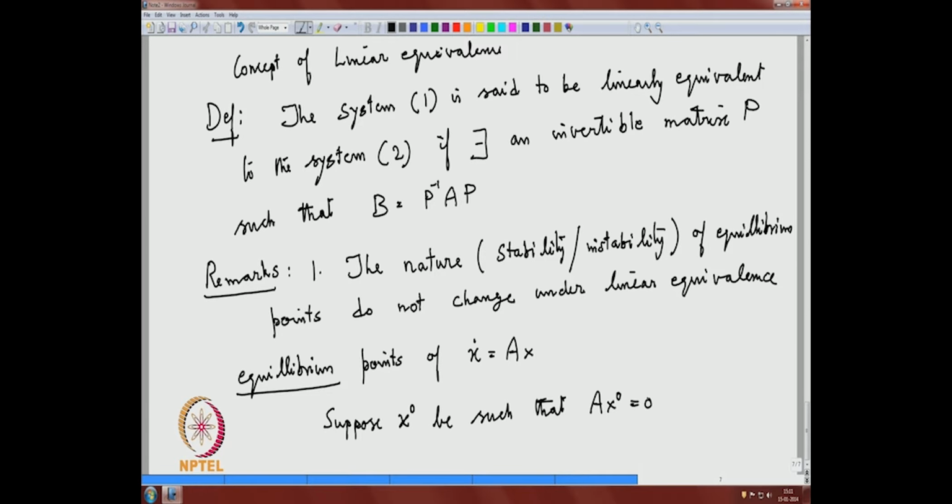Okay. That means the right hand side vanishes at that point. This implies if I define x(t) equal to the constant x naught, the constant will be a solution. That means if you have an equilibrium point, and if at t naught the solution is at that point, then the solution will remain at that point all the time, it will not move from there.